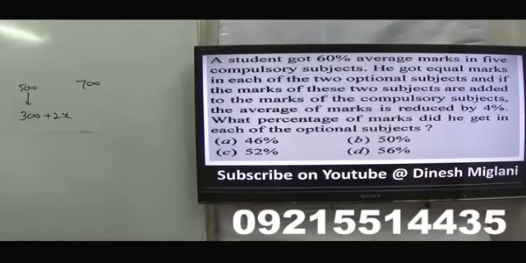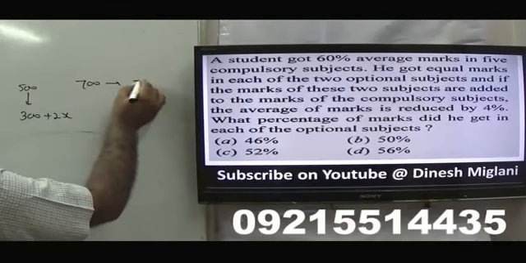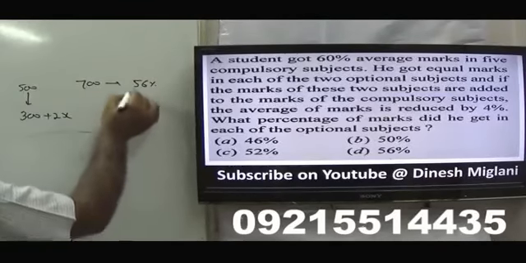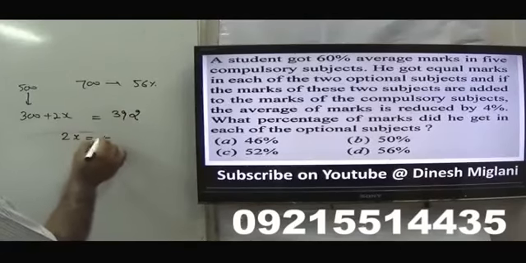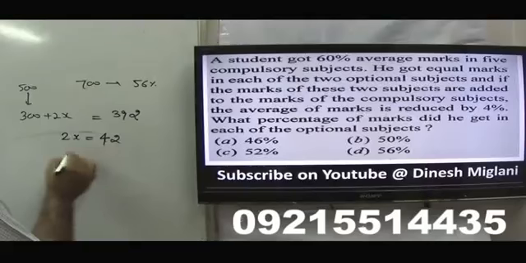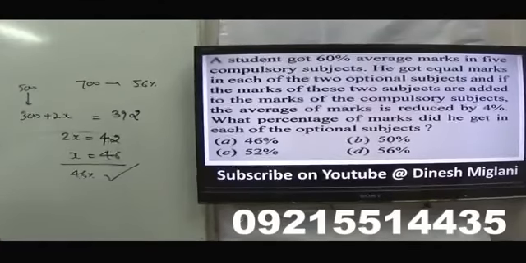That means now out of 700, he gets his average to be 56%. Or I can say my marks are equal to 392. So I may say 2x equals 92, or x equals 46. It means out of 100, his marks are 46%. That's your answer. The statement talks about a student who got 60% average marks in 5 subjects.